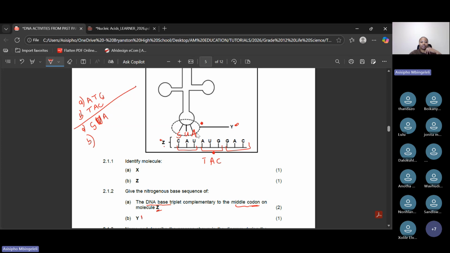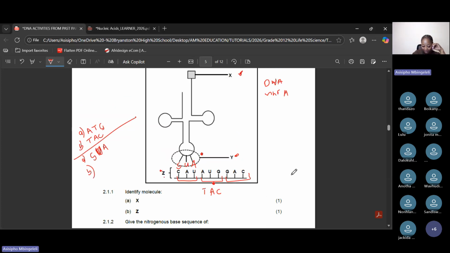Now I'm worried because we said it was GTA, our option, and I asked, is there anyone with a different sequence? And then there was nothing. So that means people, by being silent, were telling me that they got GTA also. Am I right to analyze it like that, guys? Or we were just not answering? Maybe because we're tired, or we're questioning our basis. I want us to get this right. What are we having here? We are having a messenger RNA strand. These are anticodons in a transfer RNA strand.